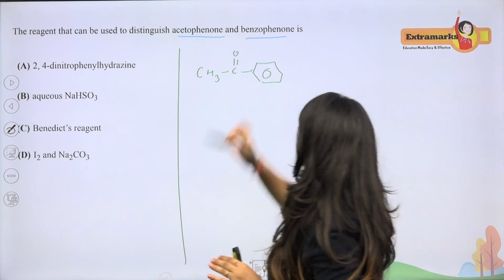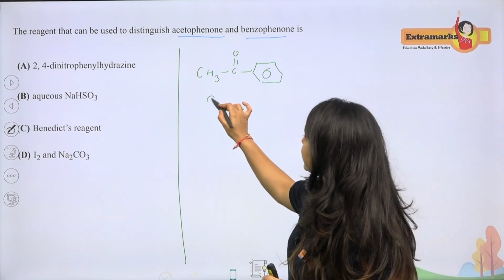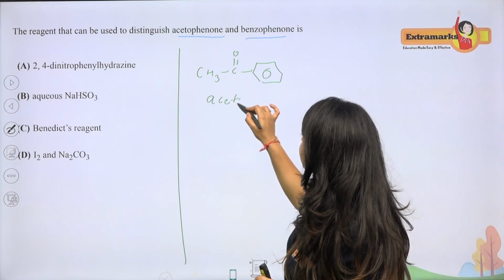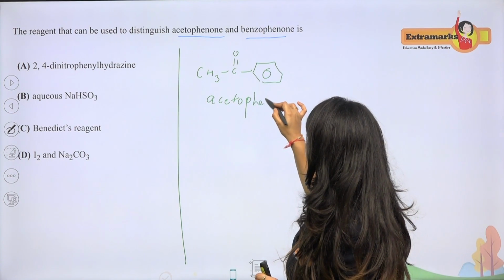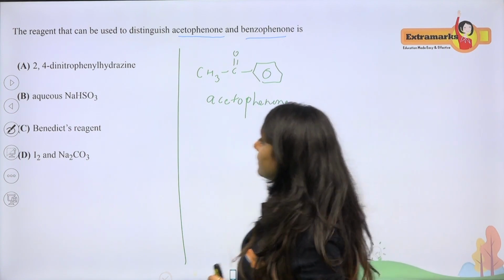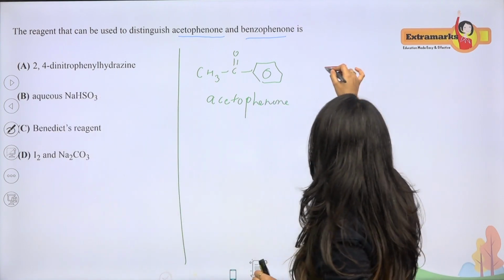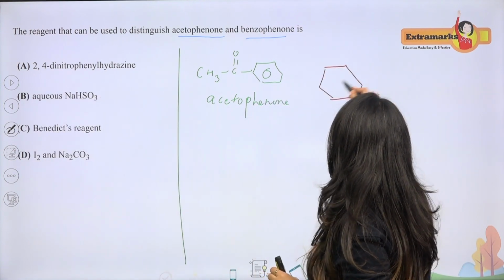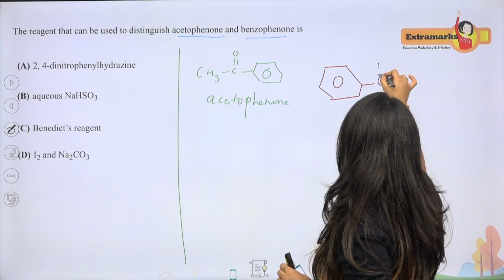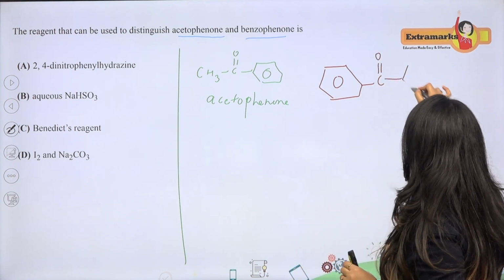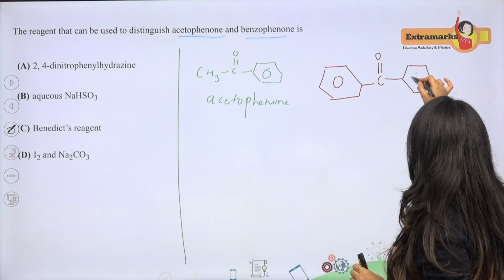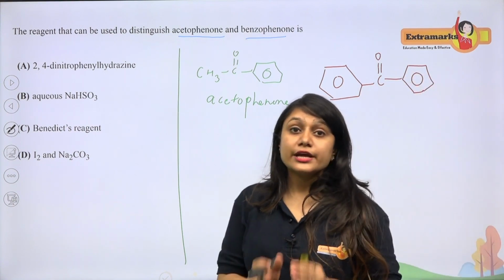So this is acetophenone. What about benzophenone? Benzophenone is this one. Now you can see both are ketones.